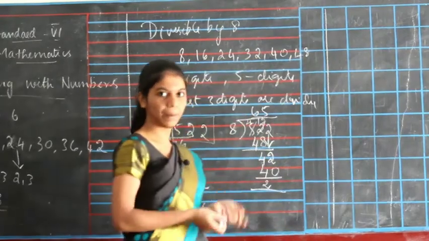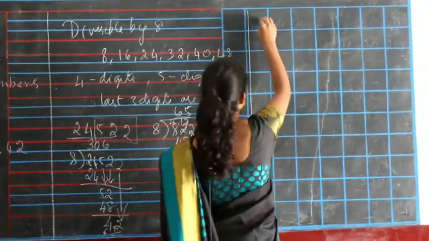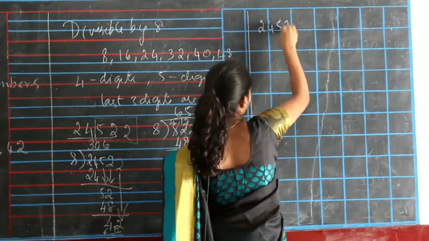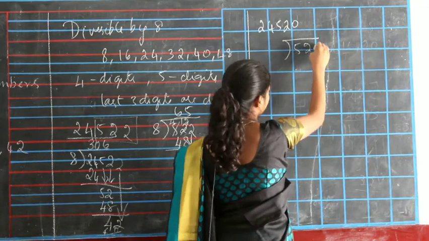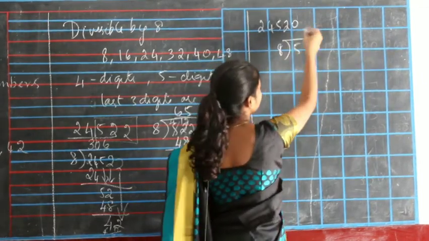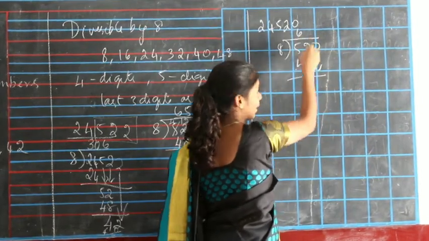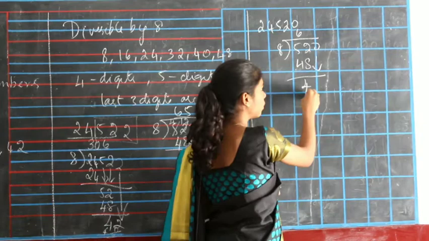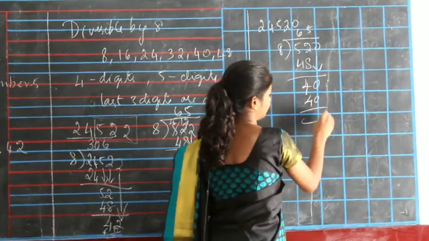We'll check with a number which can be divided by 8. Okay, so 24520. Now 520 divided by 8. 8 sixes are 48, right? So this minus will give you 4 and then 0, 40.